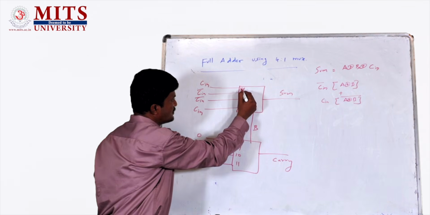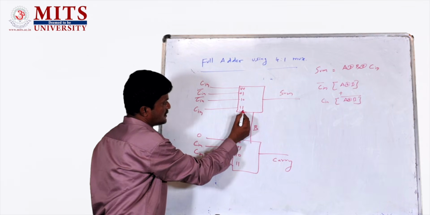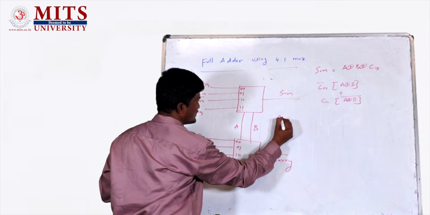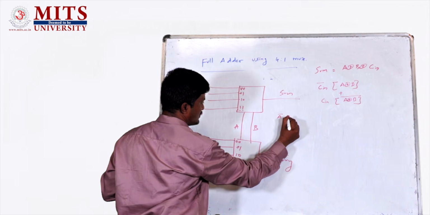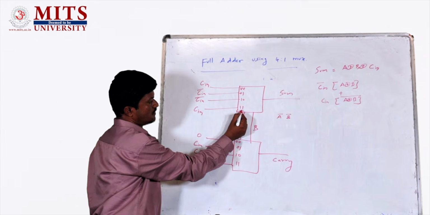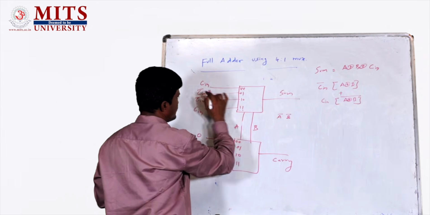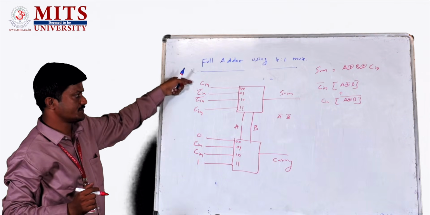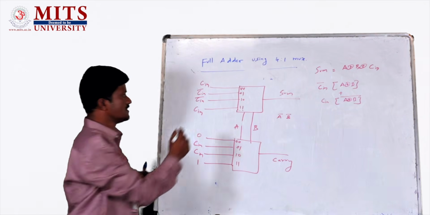Here 0 0, here 1 1. So 0 0 and 1 1 will be written as A bar B bar for the first term and AB for the last term. Why are we considering the first term and last term? Because the data input is the same.